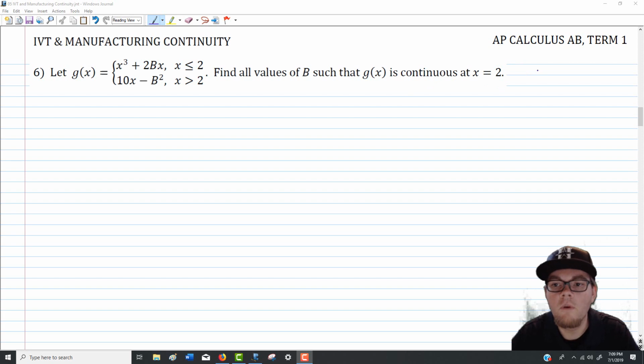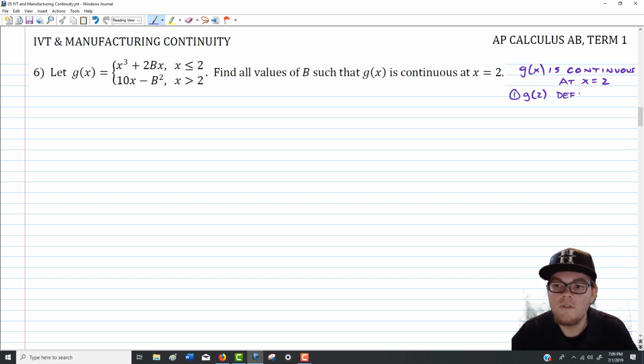So if you'll recall before we start, in order for a function f, or in this case we'll say g, to be continuous at an x value, at x equals 2, there are 3 properties that we would need. First, we need to show that g of 2 is defined.